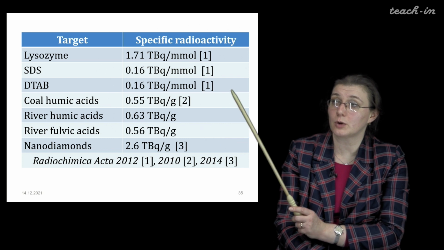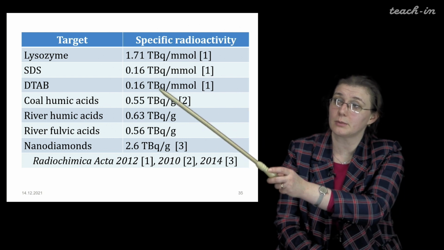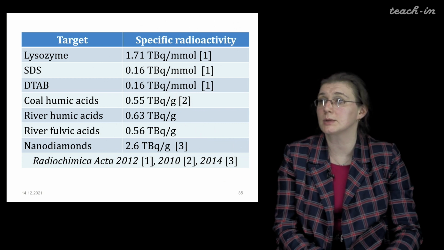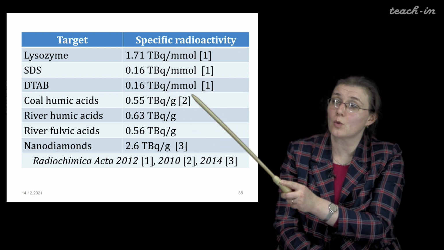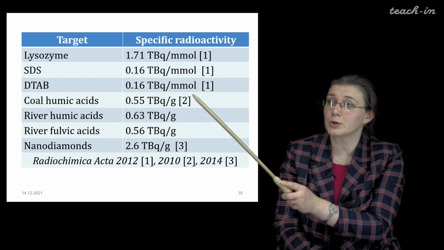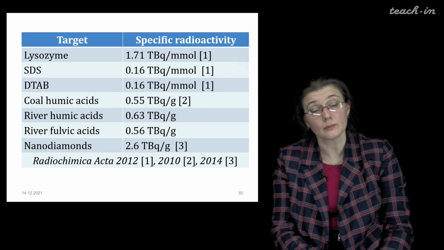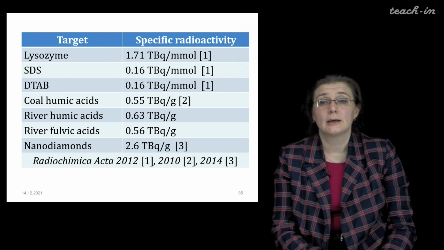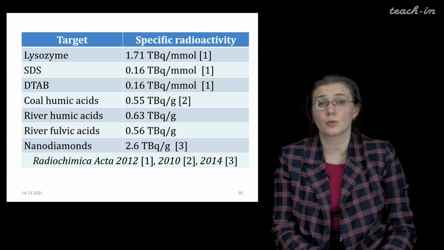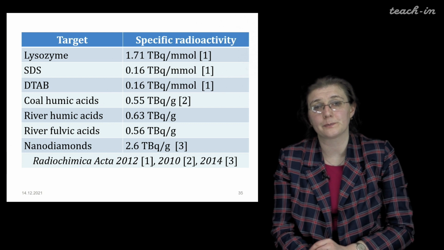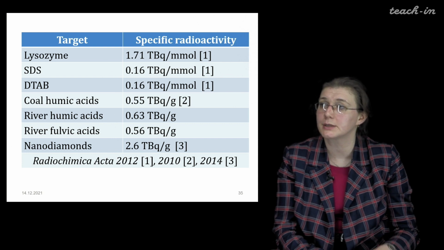It's applicable for biological macromolecules, for lysozyme as a protein, and for rather small molecules like dodecyl sulfate and dodecyl trimethyl ammonium bromides, which are very useful surfactants, surface active materials, used in different physical chemical fields and biochemistry.